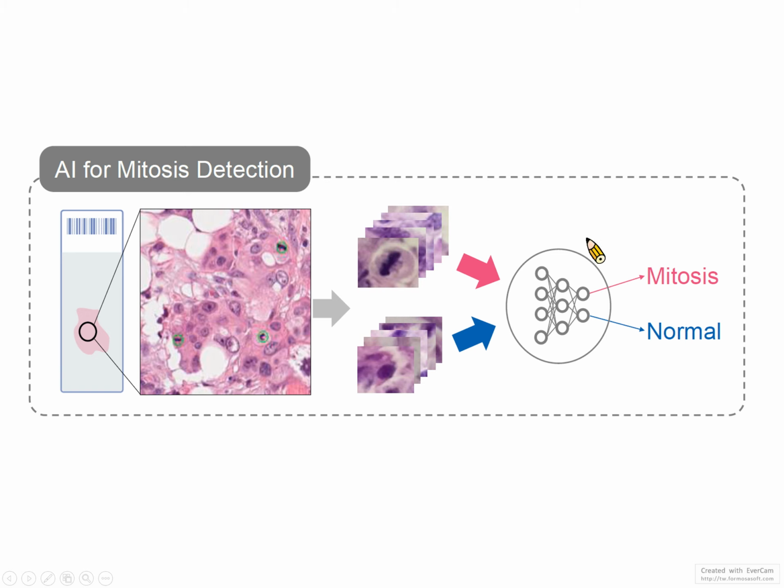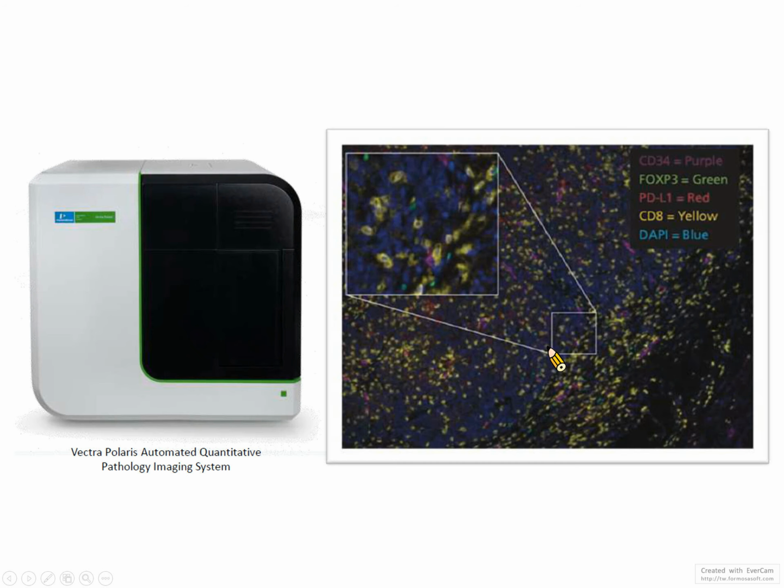images to see if this is mitosis or normal images. And you can also try to count different cells based on the different immunohistochemistry labels of the cells.